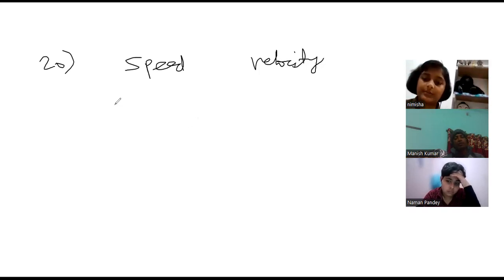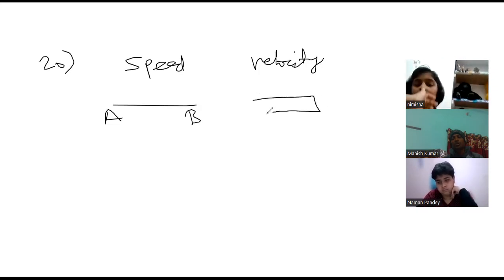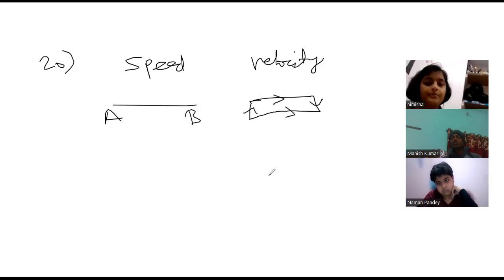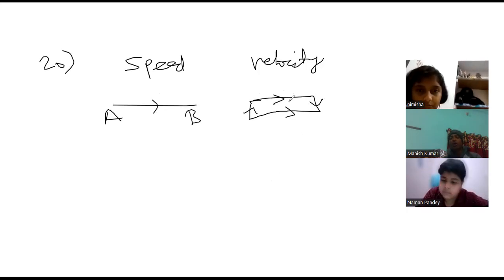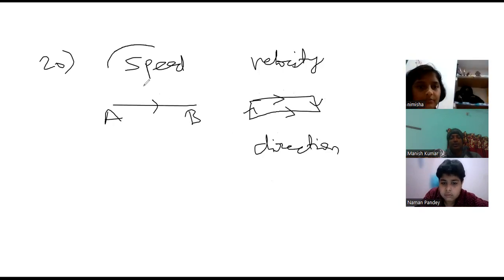See, if you are going from this position to this position at a definite speed, and one person is going from this position to this position and then to this position from this position, here the direction is changing, isn't it? And here, direction is not changing. So velocity always talks about the directions. Here, direction also matters. And in speed case, there is no concept of any direction.